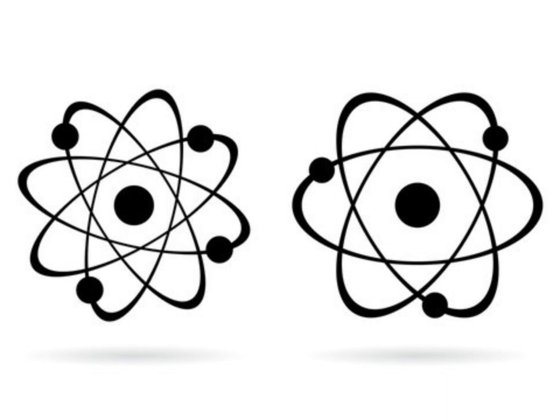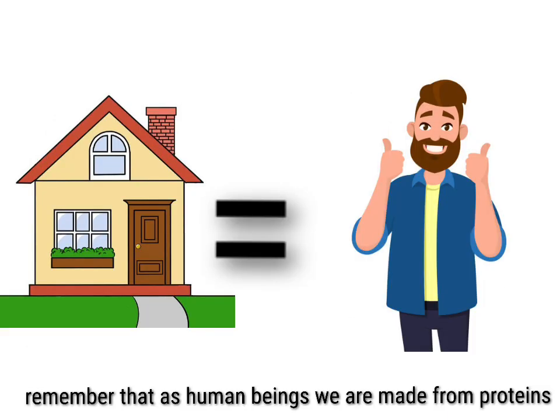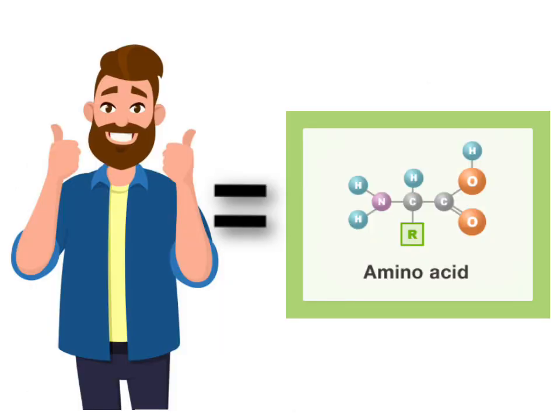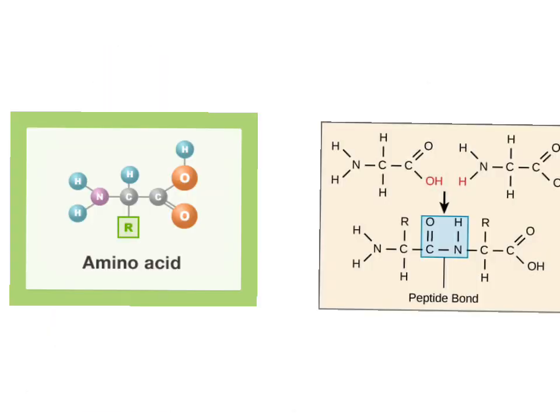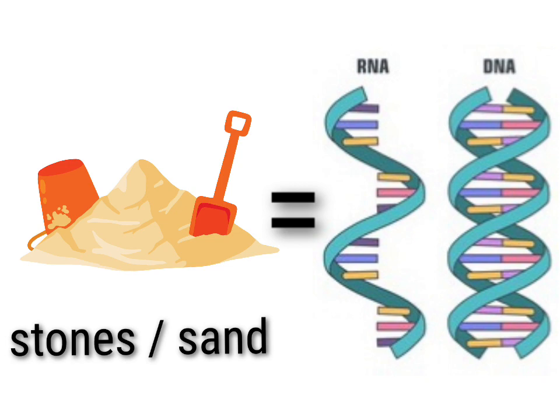So taking you backwards, imagine this protein. This house is a protein. The building blocks of proteins are amino acids, and amino acids are held together by peptide bonds. So think of the cement that holds the house together as peptide bonds. Now these building blocks of proteins, or rather these bricks, were made by stones, as I said earlier.